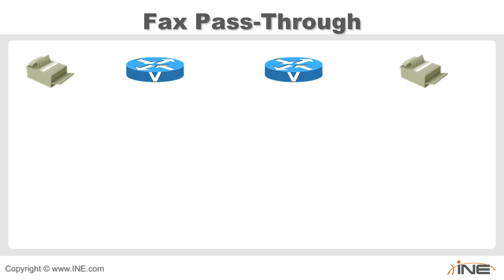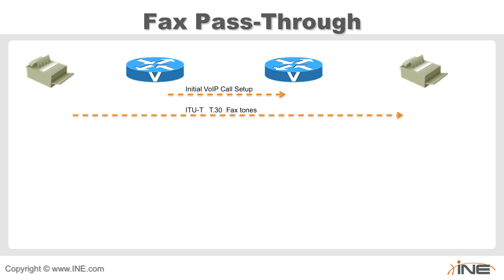So let's look at fax pass-through. Here we've got the initial T.30 fax tones. I should set the stage: a fax machine on the left, a voice gateway in the left middle, a voice gateway in the middle right, and on the far right, another fax machine.